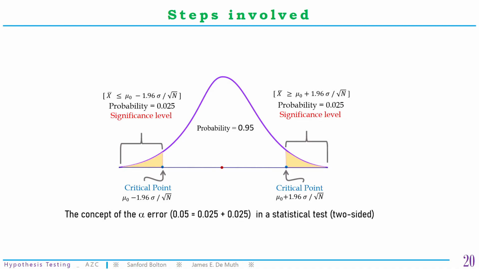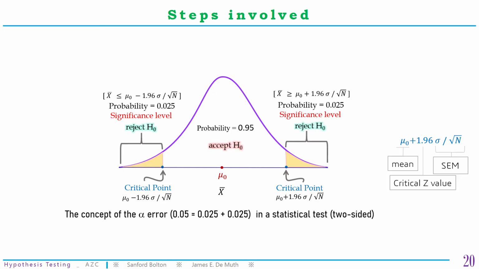Under the null hypothesis and the assumption of normality, X bar is normal with mean mu0 and standard error of mean. If the value of X bar falls in the critical region, the null hypothesis is rejected, and the difference is said to be significant at the 5% alpha level.